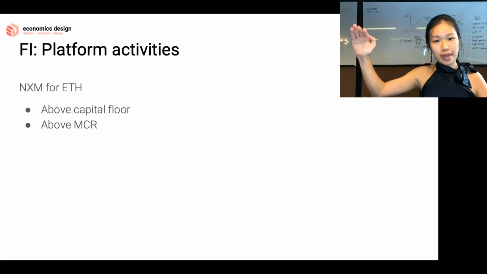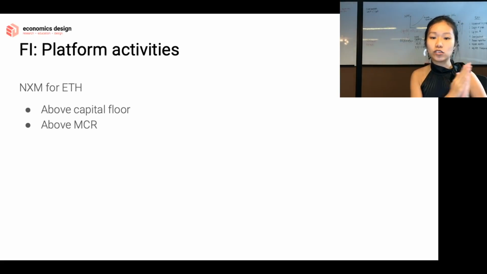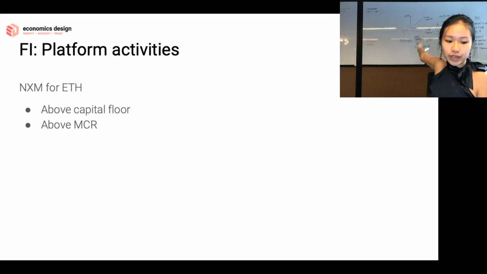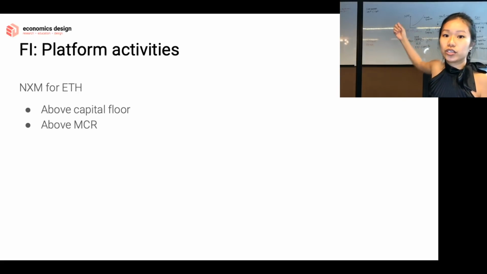Then the relationship is the math, and that math captures the long-term and short-term potential of Nexus Mutual. You link these two variables together, which is really cool. And you could change it very easily by changing the capital or changing the MCR.